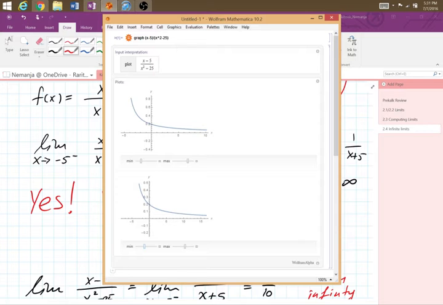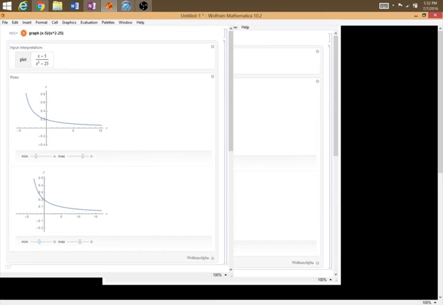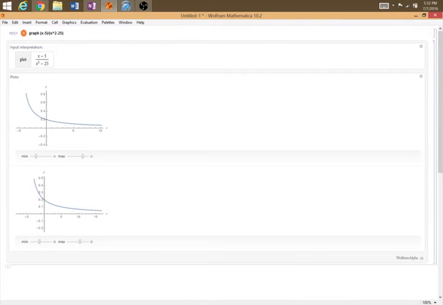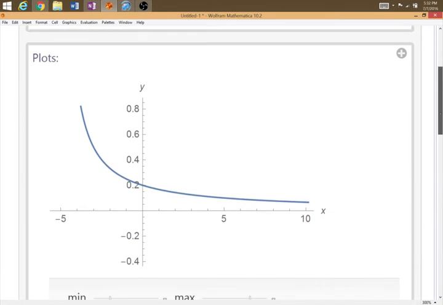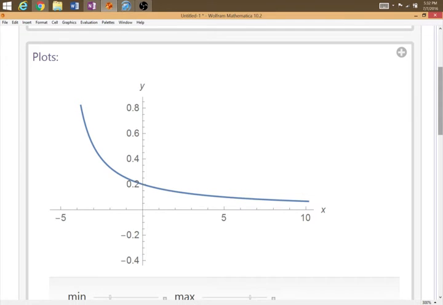Yeah, it's not visible. It's not displaying it, but right there, there has to be a hole.